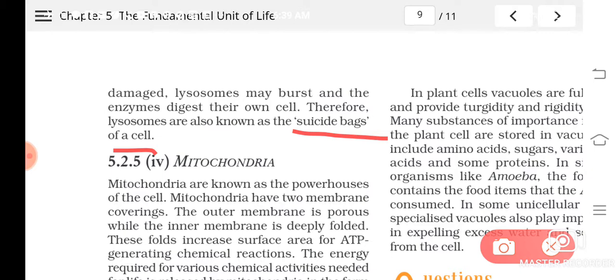What are they? Endoplasmic reticulum, second Golgi apparatus, and third lysosomes. So you have to learn all this and their functions, and you have to identify these different organelles with their functions. Hope this is very clear to you. Thank you.